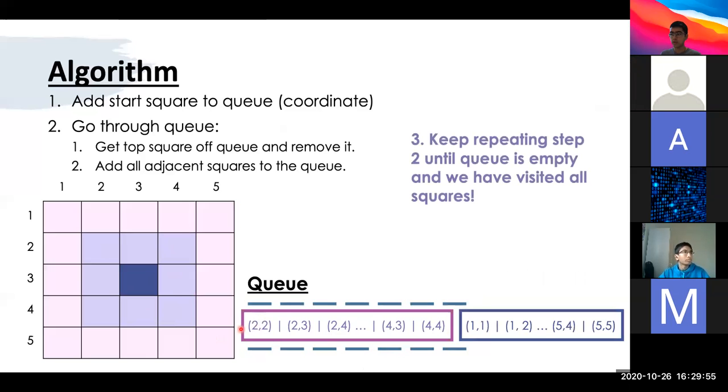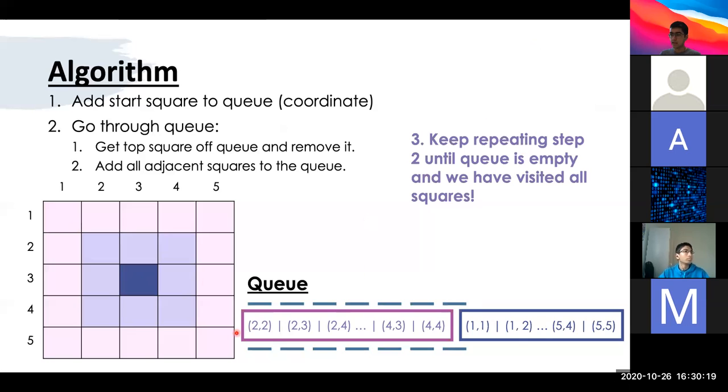And then we continue throughout our algorithm and we keep on adding for each thing at the top. So over here, 2, 2, we add all the stuff next to it. If you look at 2, 2 and what's next to it, you see these pink squares over here, these 5 pink squares. These 5 pink squares will also get added to our queue. And then 2, 2 would get removed. And eventually, you can see from the queue that the elements are in a specific order.